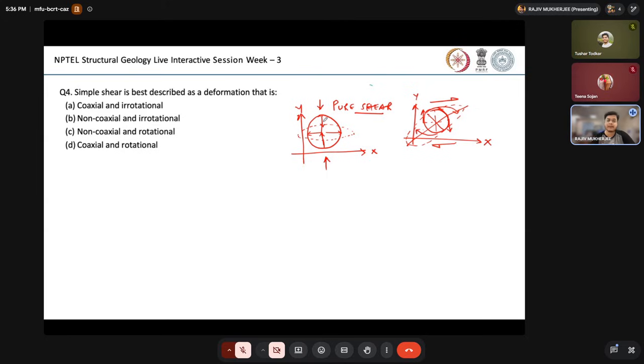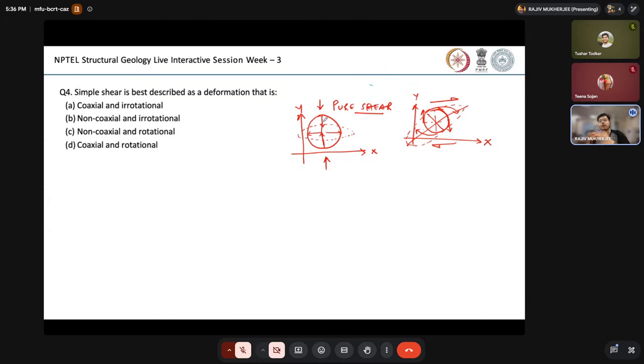Non-coaxial means it is not maintaining its axiality. So it is simple that whenever there is non-coaxial deformation, it always has to be rotational, because only rotation can make the change in angle between some lines, and that's how they do not remain parallel to each other. So if there is a rotation component in the deformation, it has to be non-coaxial.